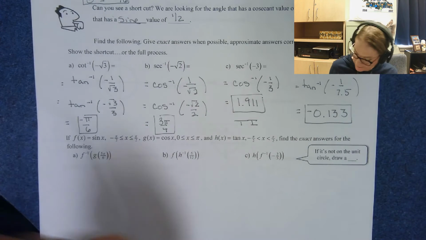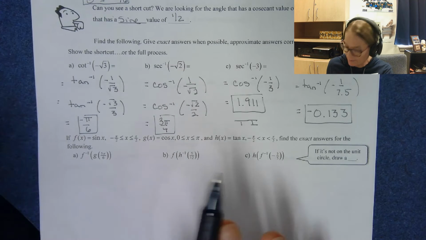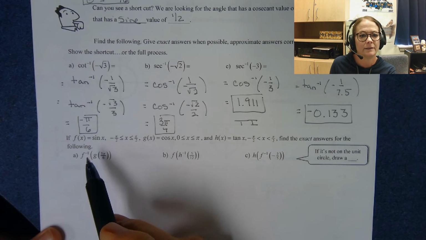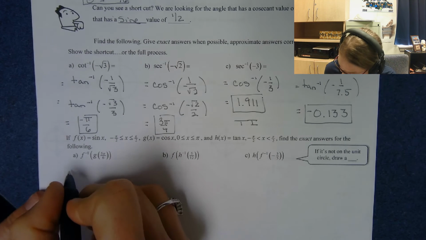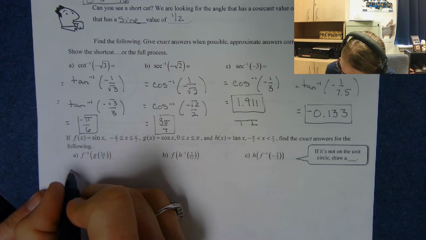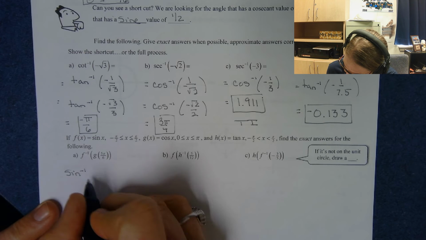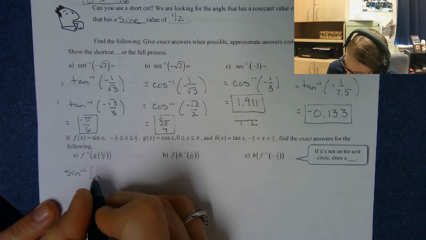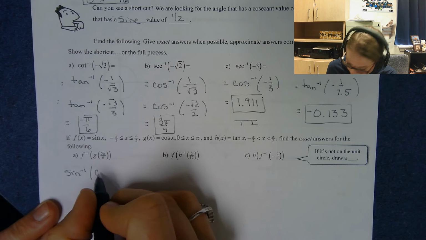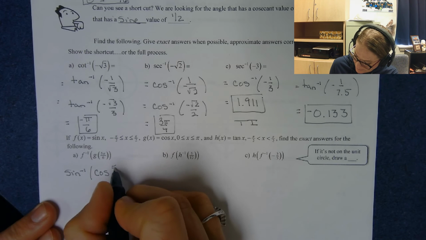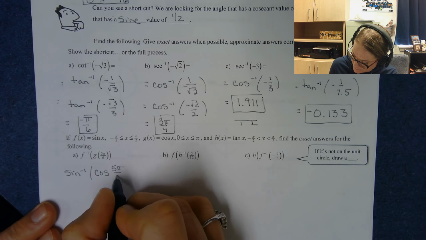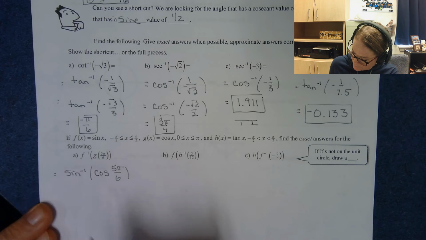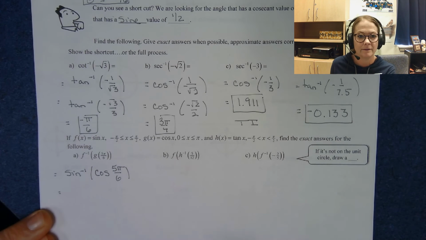The last ones are given to you with functions in function notation. So we're doing f inverse. What's f? We're doing sine inverse of g, which is cosine of 5 pi over 6. I don't really need the shortcut here.